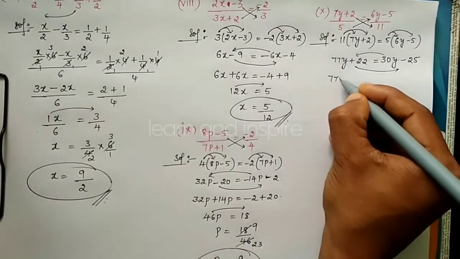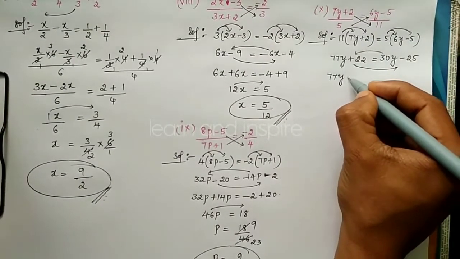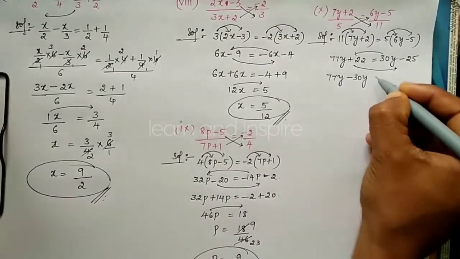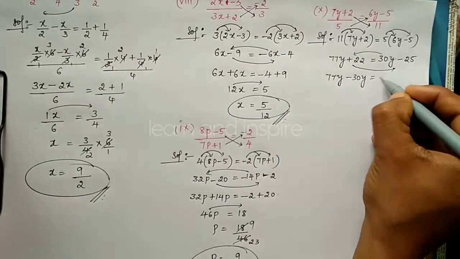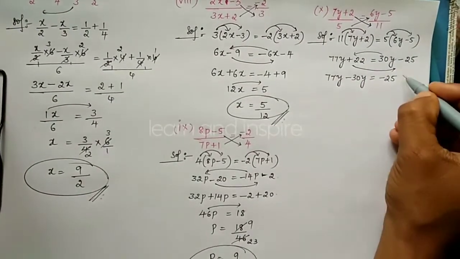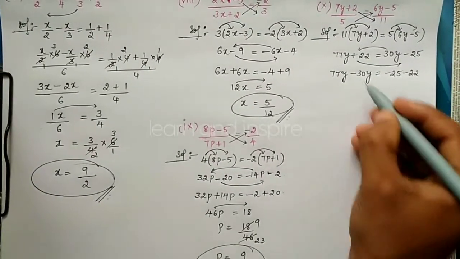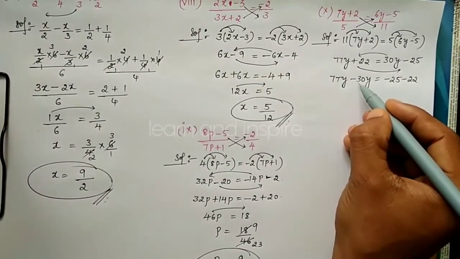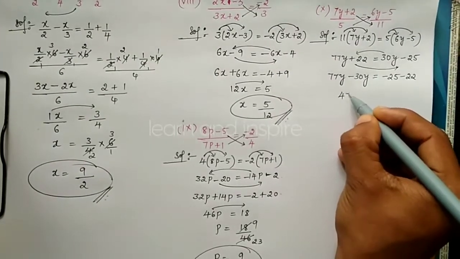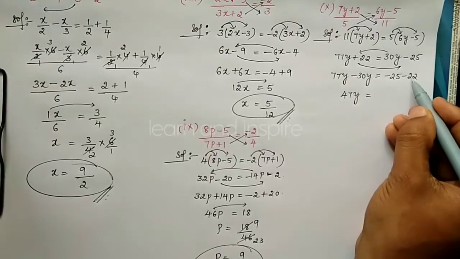Now 77y, if I transpose plus 30y, it becomes minus 30y equals to minus 25, right, as it is. And if I transpose plus 22, it becomes minus 22. Okay, 77y minus 30y is 47y equals to minus 25 minus 22.